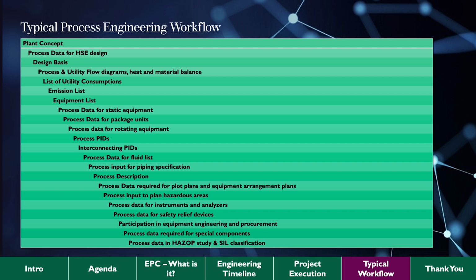So you can see how impactful it is if an error happens in the process; it will have to be 100% redone. You don't need to start all the way from plant concept every single project, but this is pretty much an exhaustive list that includes everything for the chemical engineering discipline.